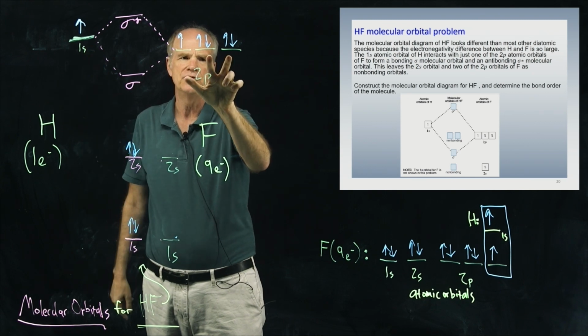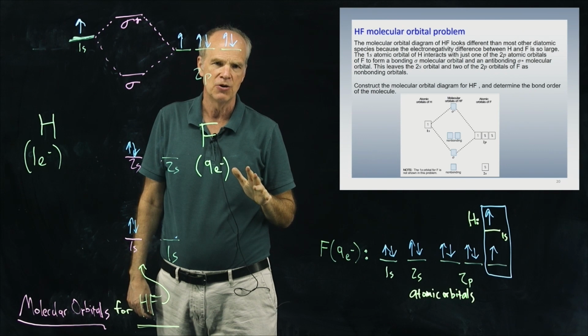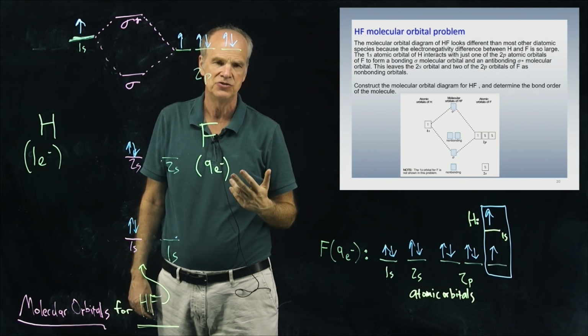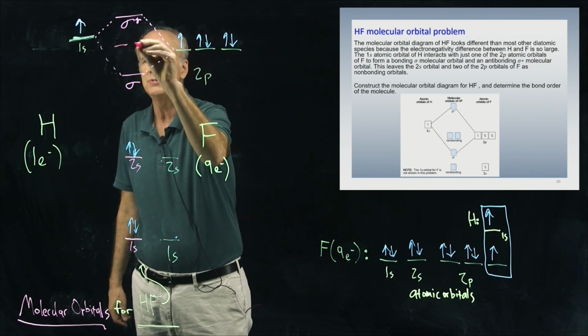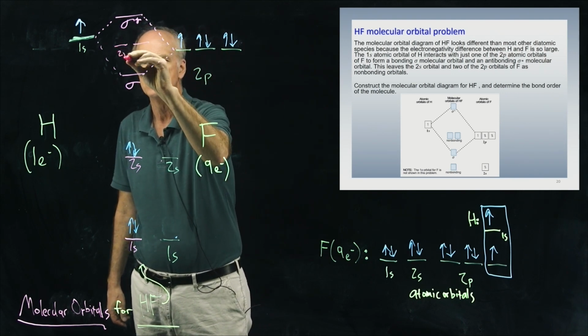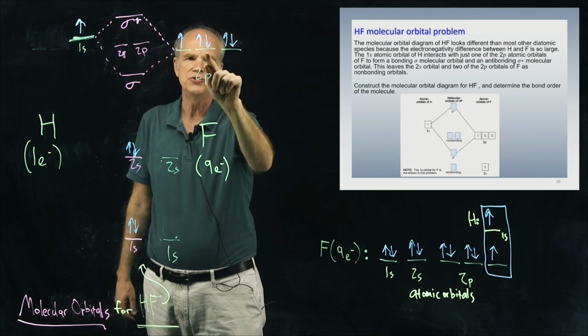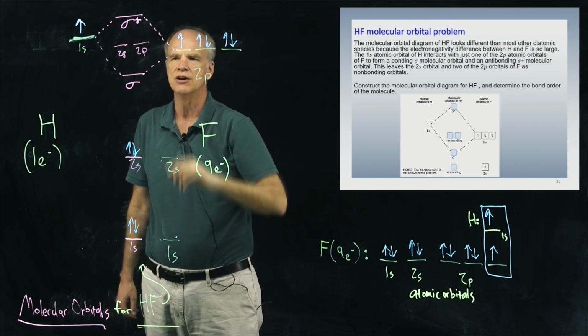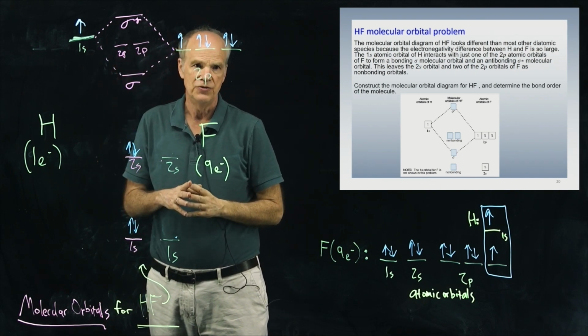What happens to these other 2p orbitals that are here? Well, the other 2p orbitals, as you might expect, do not change. And so what I'm going to do is redraw the 2p orbitals here, like that. Okay, so these 2p orbitals here are now here. So now what we can do is fill in this picture with the electrons.